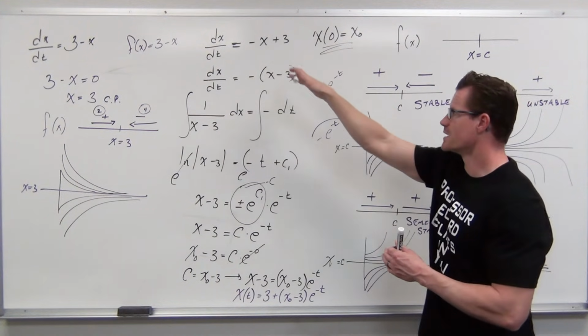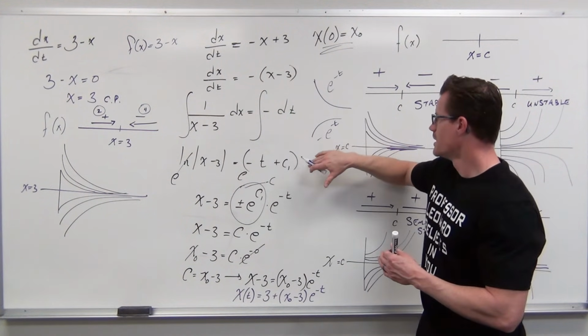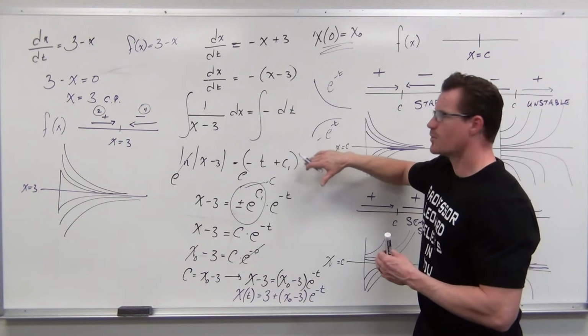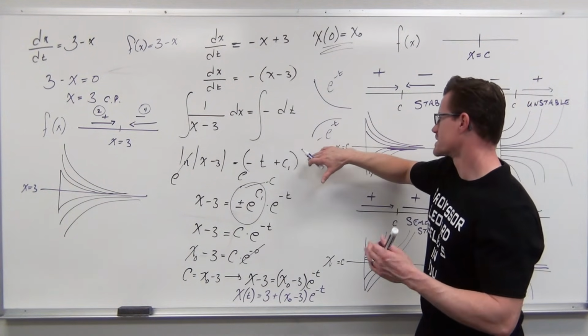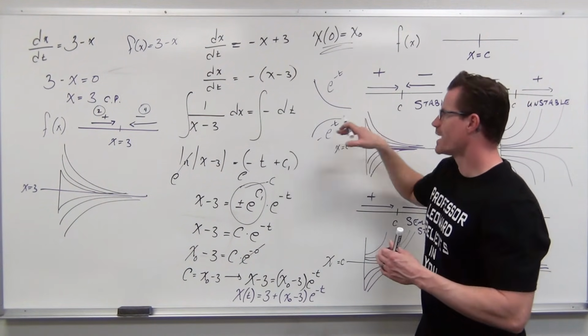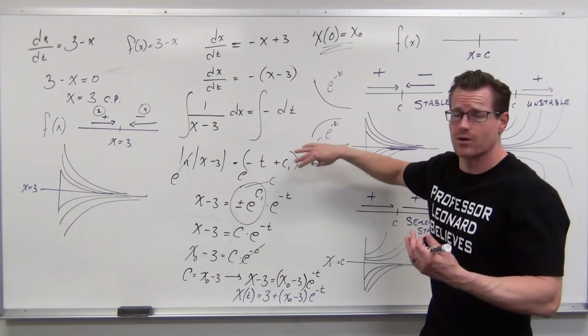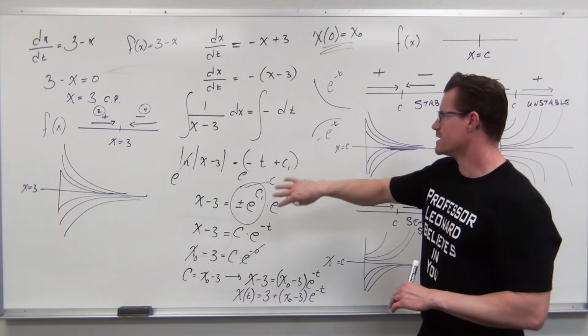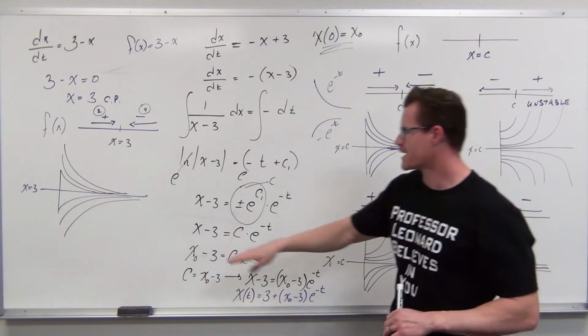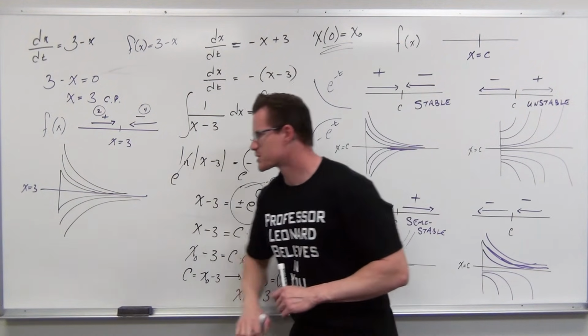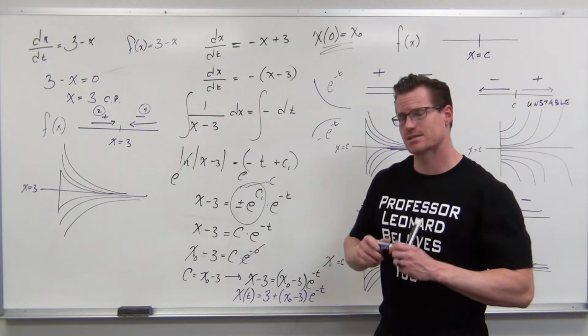E to the negative t is a decaying exponential. Negative e to the negative t almost looks like a logarithm here, but it's not. It's a reflected decaying exponential. It says that you're taking this and flipping it over. That's all it says. It says that you are going to be looking just like this for every value starting less than 3. That's what this means.